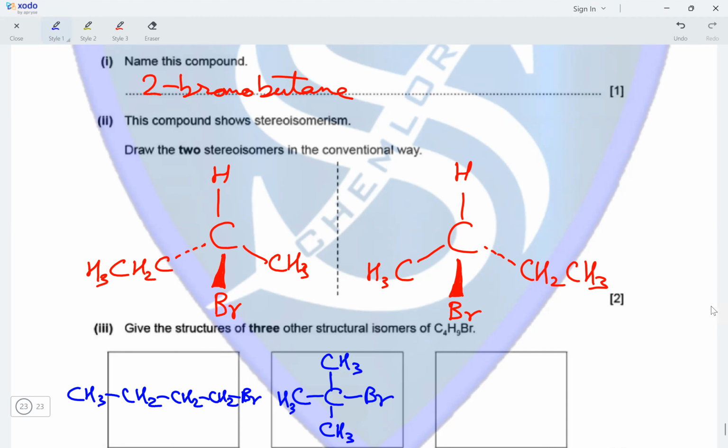And we can have another primary halogen alkane, but with a substitution in the chain, the halogen alkane with substitution of an alkyl group. This would be called 1-bromo-2-methylpropane. So these are the three structural isomers having the molecular formula C4H9Br of the given compound 2-bromobutane.